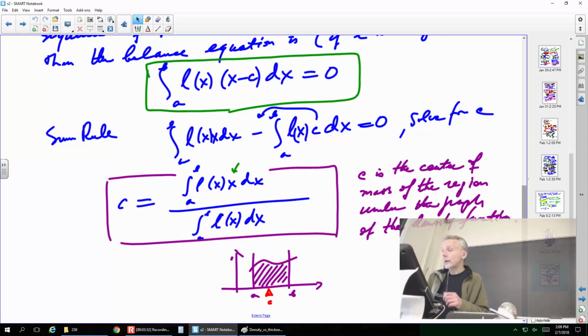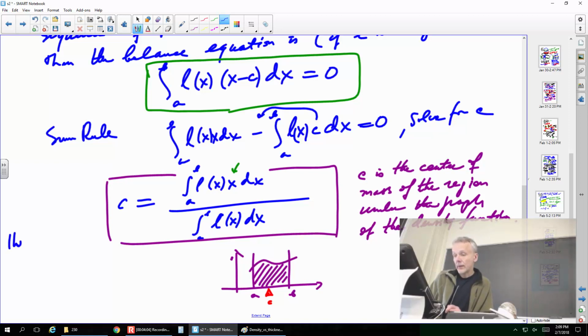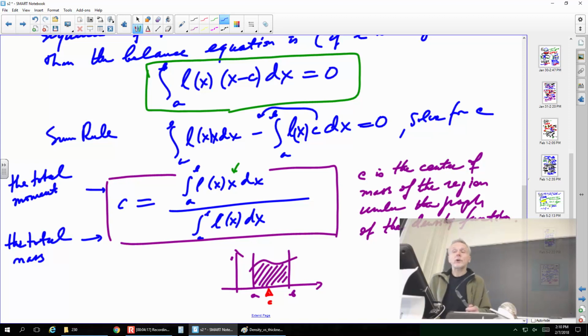Like I said, the definition is still applicable to this situation: the numerator is the total moment of the rod relative to 0, and the denominator is the total mass of the rod.